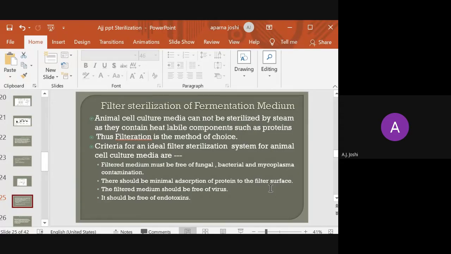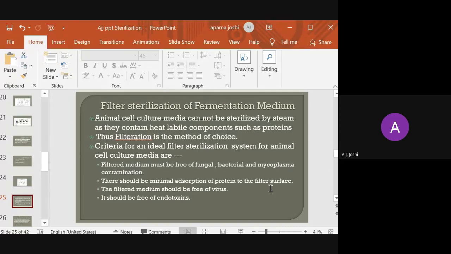Now, in case of heat sterilization, all of these are killed. Whatever microbial growth is there is completely killed because of the heat. Here, it is only retention or separation, not the killing of the microbial cells. So the pore size of the filter is an essential factor that determines the sterility of that medium.